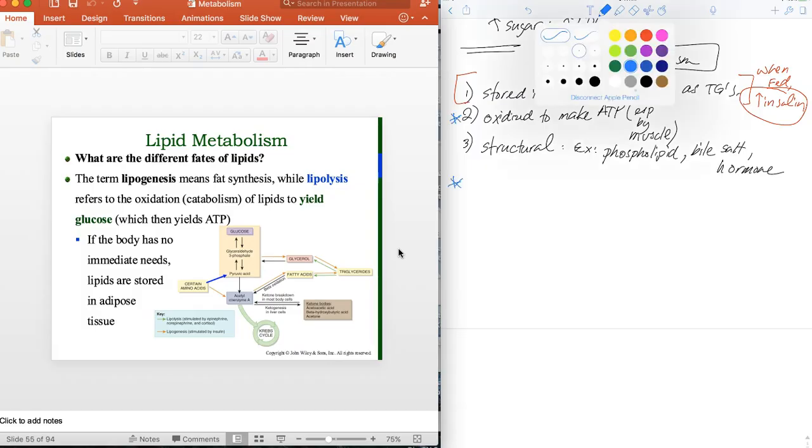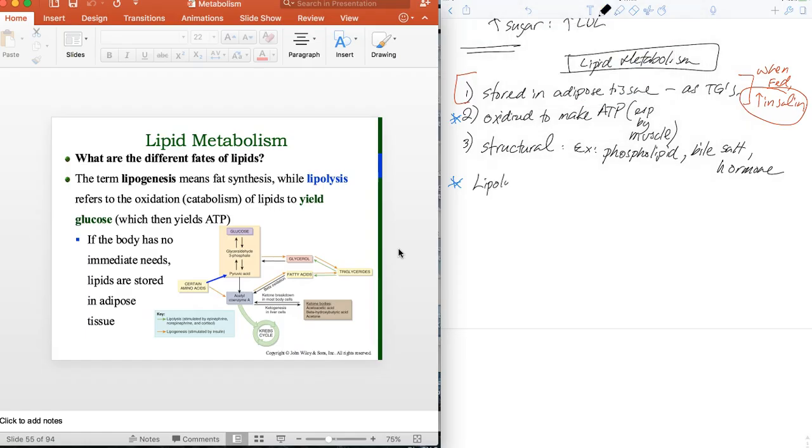Now, let's get into the breakdown. That breakdown of fats is called lipolysis. This is basically fat breakdown, especially triglyceride breakdown. When does your body want to break down fats? What kind of scenarios? When your blood glucose is starting to drop? Starvation modes?